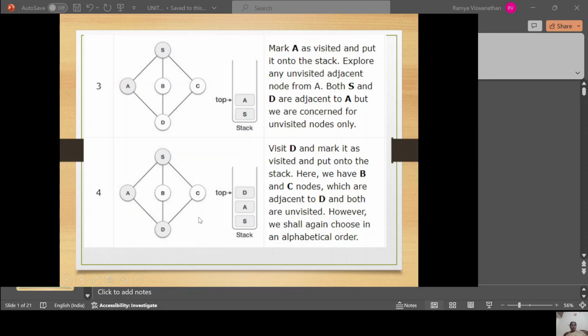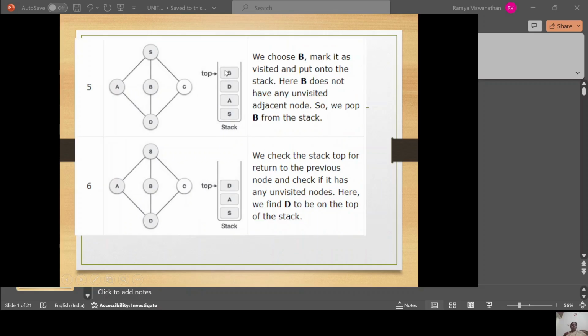But we have to follow alphabetical order. So here, after D, B will come, right? Then for this B, do you have any unvisited nodes? No, there won't be any unvisited node. So after this, you have to pop out the values from the top of the stack. So currently B will be popped out. Once B is popped out, you have this D alone.